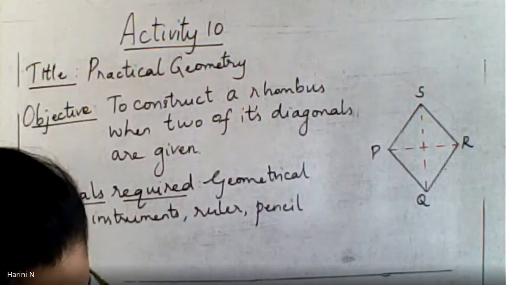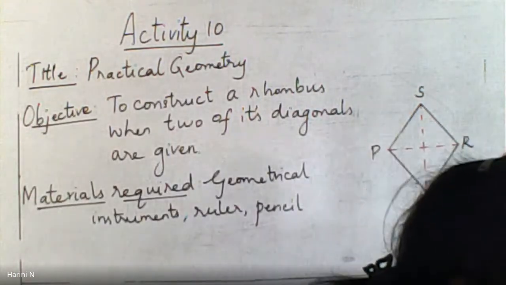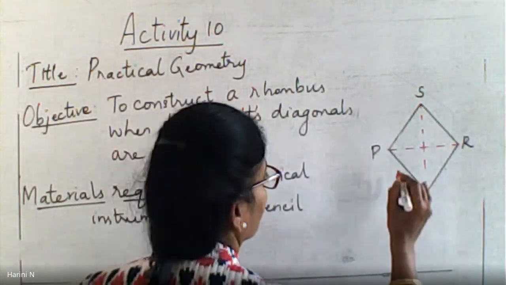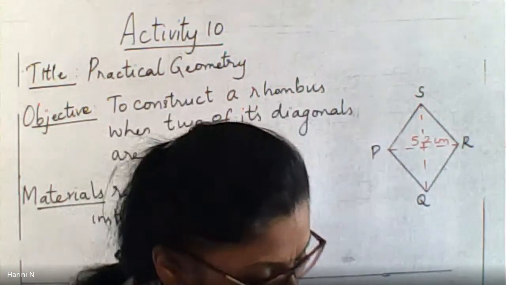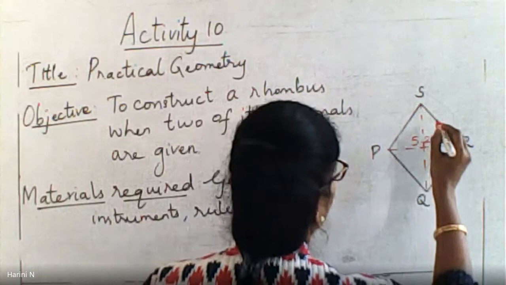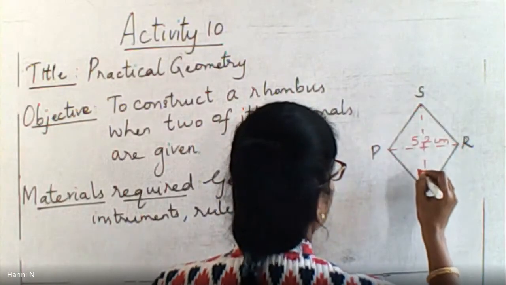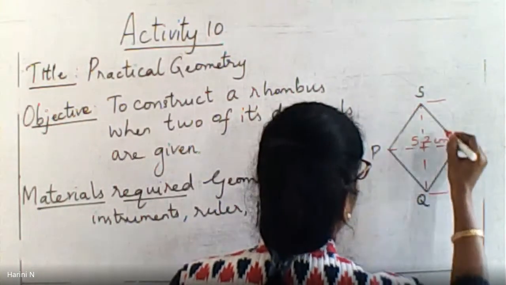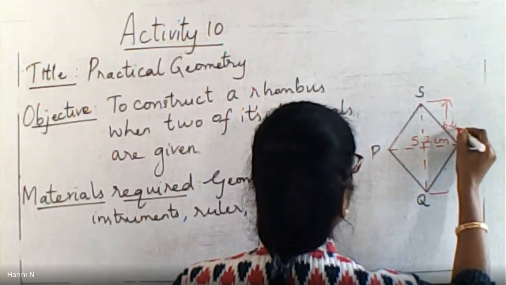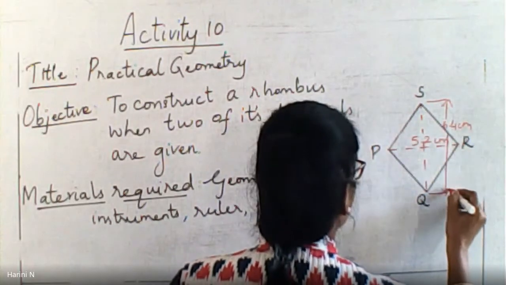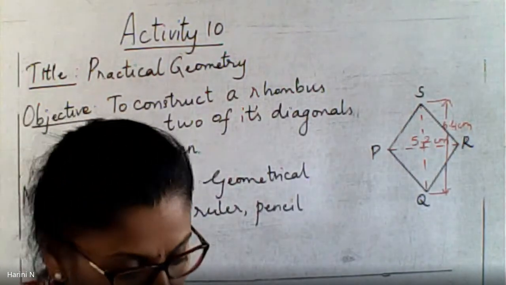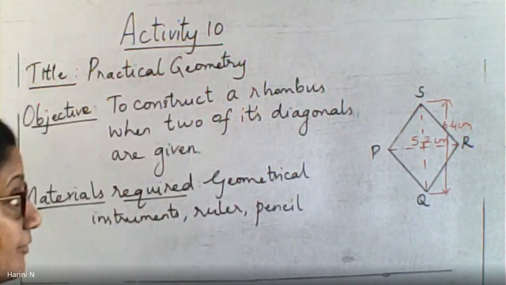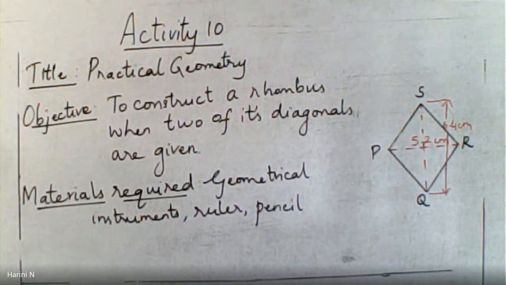The two diagonals: PR is given as 5.2 centimeters and QS is 6.4. If you want to put a bracket also, write the problem. 6.4 is QS and 5.2 is PR. So QS and PR are given.